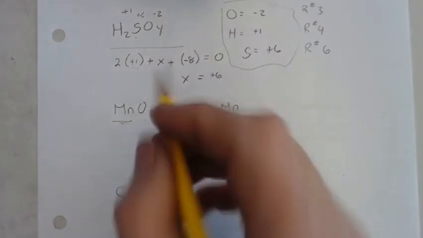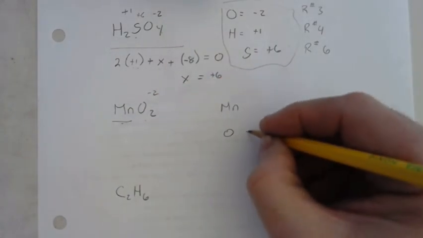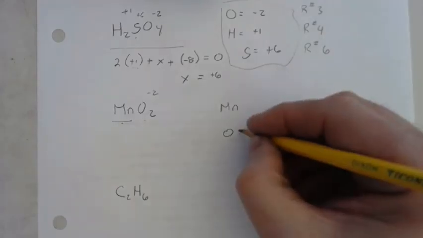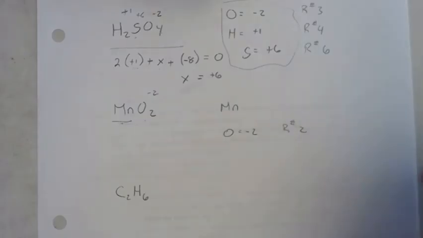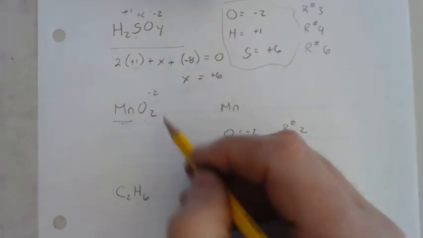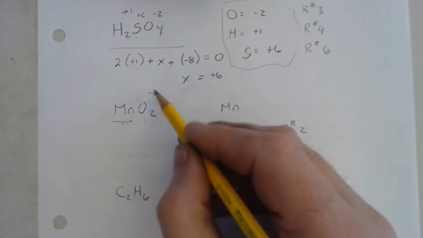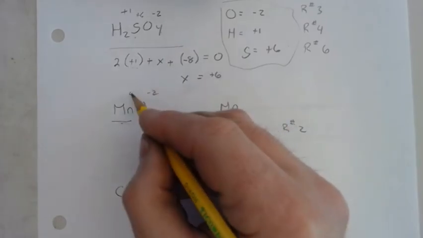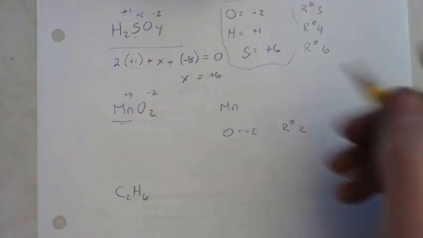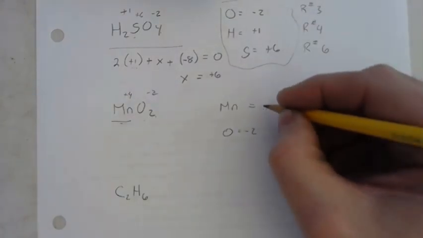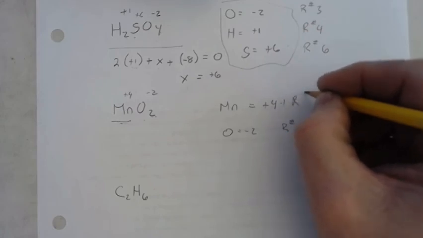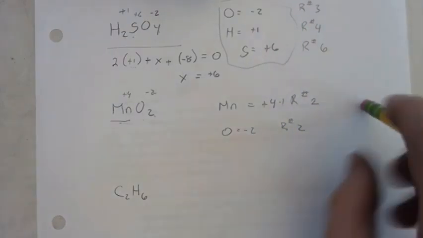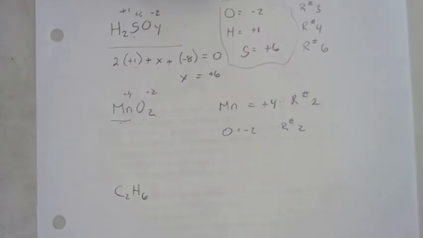We do know that oxygen is going to be -2. And that again is rule number 2. And if that's -2, the whole thing has to equal 0. 2 times -2 is -4, which means that that has to be +4. So the manganese is +4. And again, that is rule number 2, since this is an ionic compound.